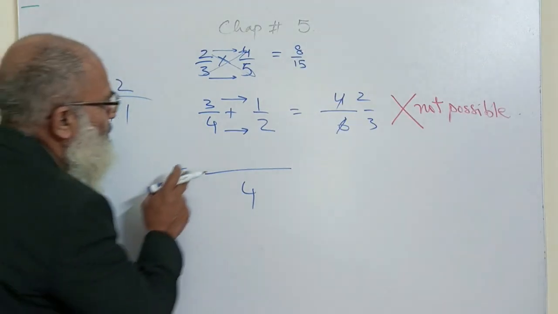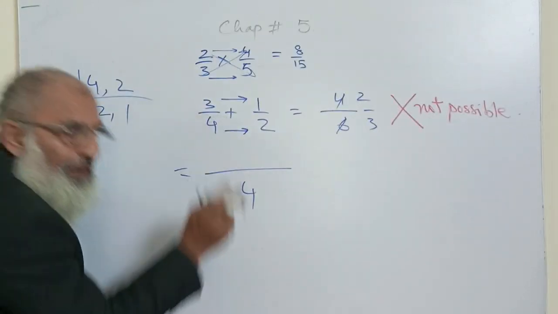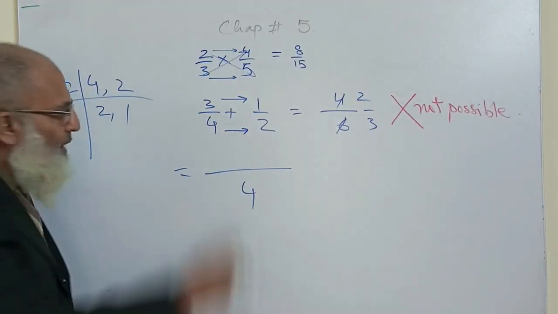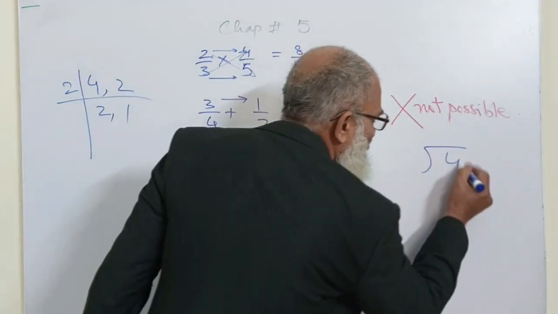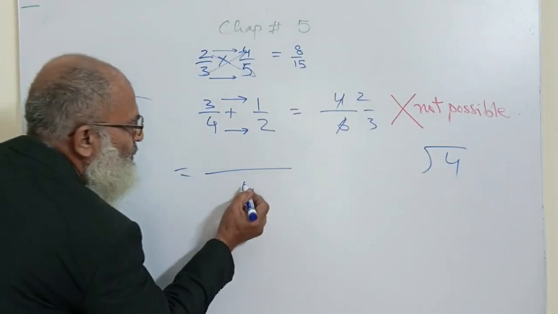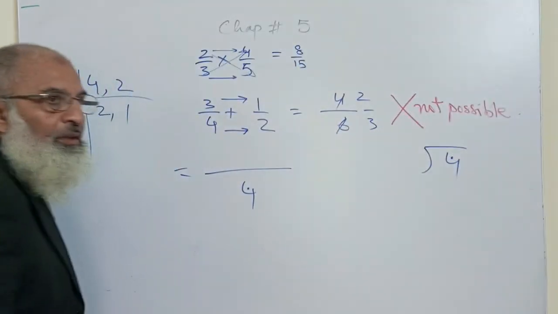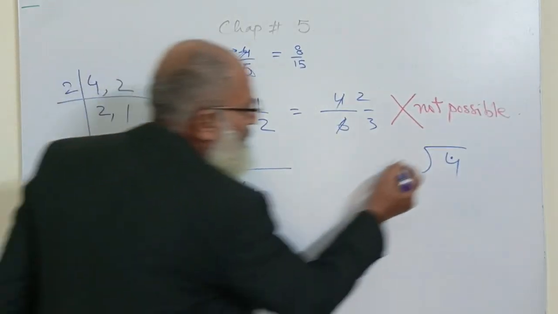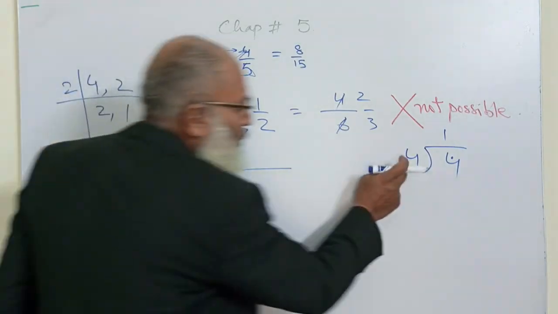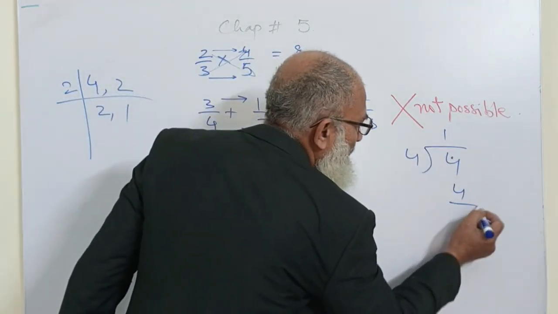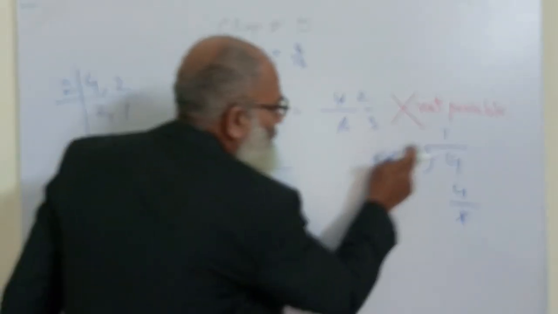Now what will you do? You will divide the LCM by this denominator, and by this denominator, like this. Suppose this denominator is 4, and this is the LCM 4. 4 1 times 4, it is 0 over here. 4 1 times.